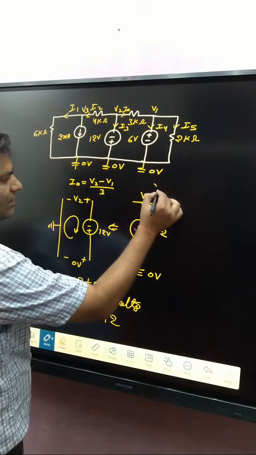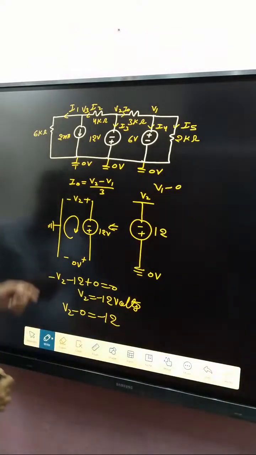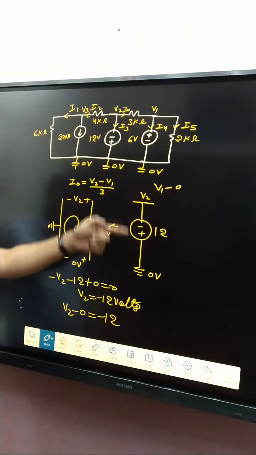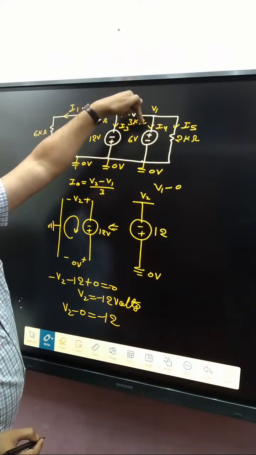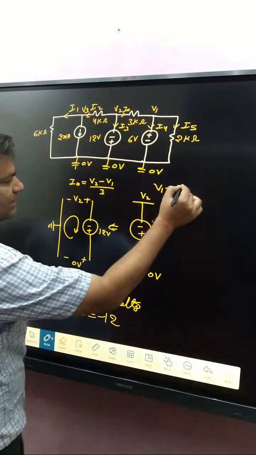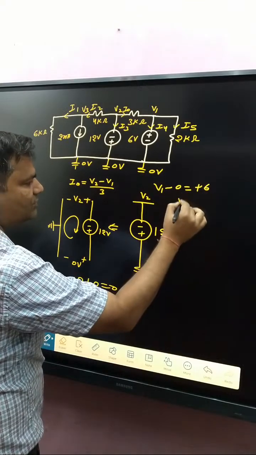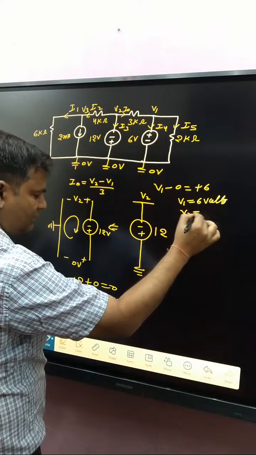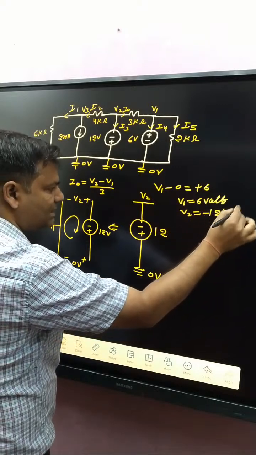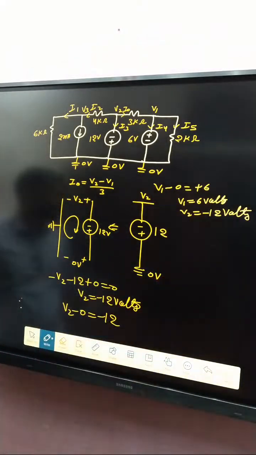If you apply that formula, V1 minus 0 will equal plus polarity, so this will equal plus 6 volt. So V1 is basically 6 volt, and V2 will equal minus 12 volt.